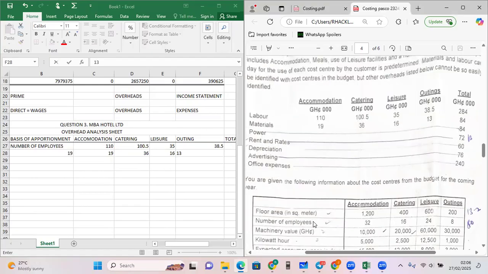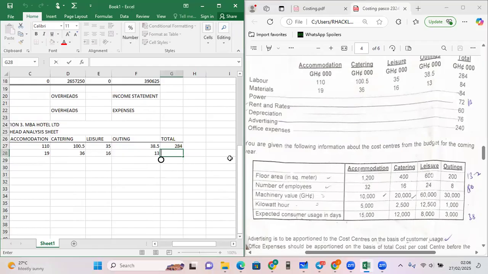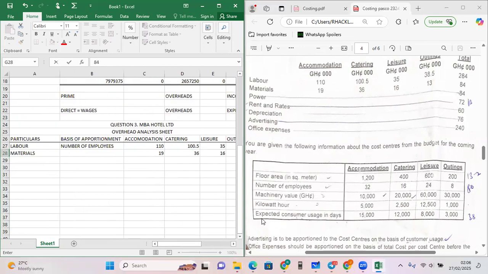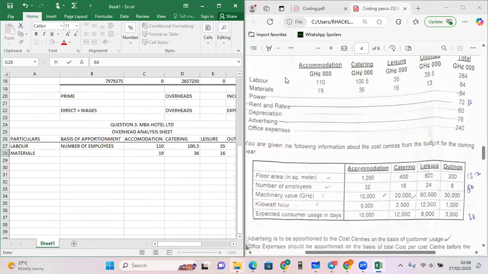So let's just repeat everything. Then I'll move on to power.